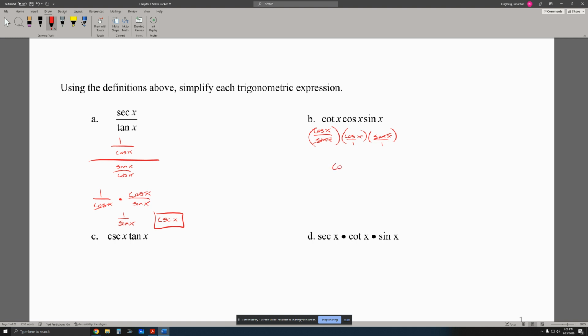We're just left with the cosine of x times itself, or the cosine of x squared. Another way that we can write this, which is how you're mostly going to see this, is cosine squared of x. So that's saying we're not squaring x, we are squaring the cosine of x, that function. Okay? So this reads as the cosine squared of x.